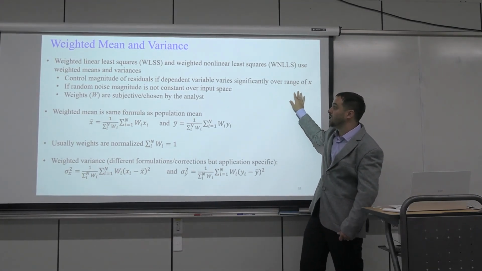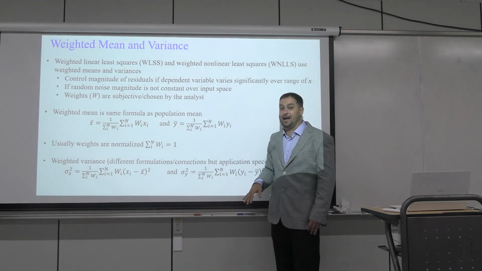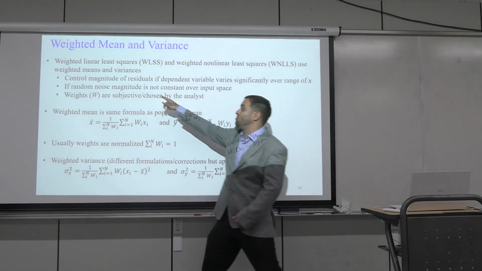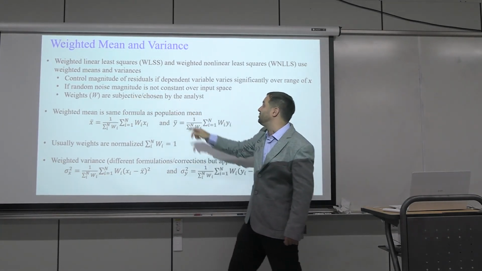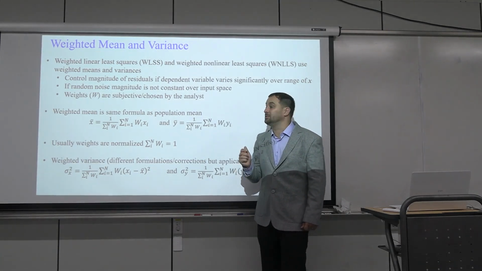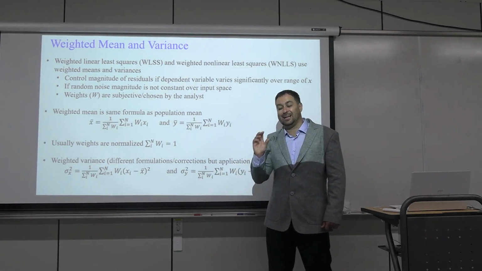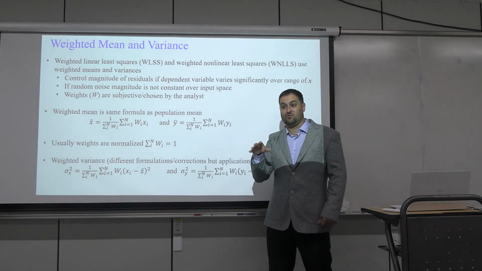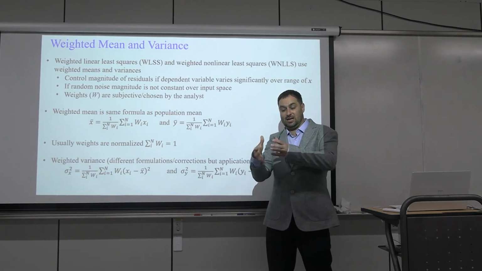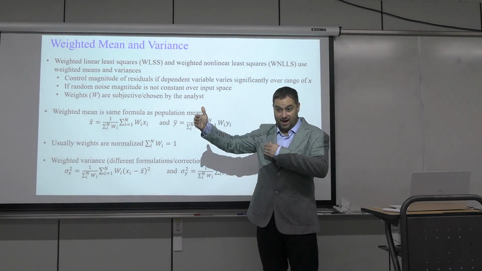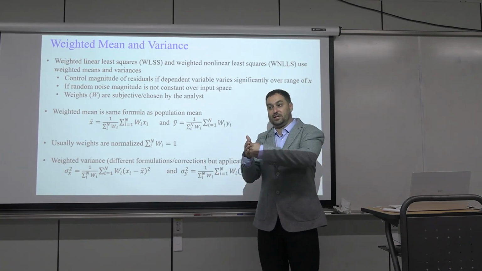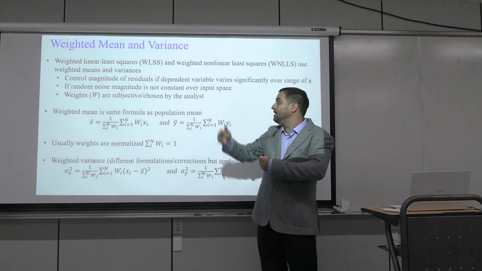And also sometimes when we do measurements, the random noise magnitude might not be constant over the input space. So for example, let's say in electrical circuits, you have some sort of measuring device that has an electrical circuit and you have an amplifier. So you're taking in an electrical signal and then amplifying it.